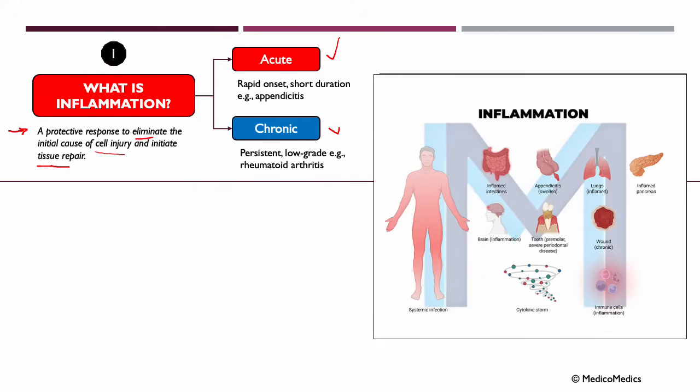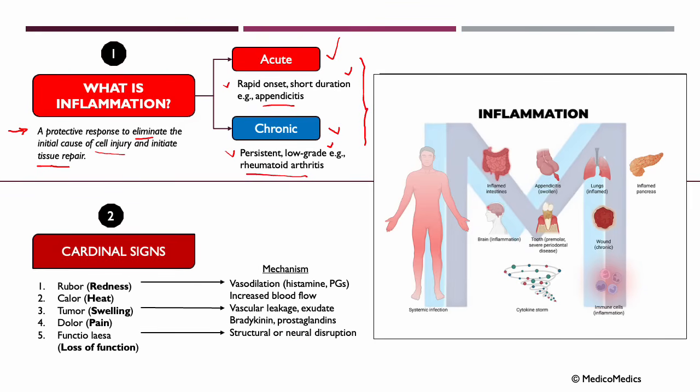Acute is typically characterized by a rapid onset and a short duration, seen, for example, in appendicitis. Chronic is more persistent, low-grade inflammation, seen, for example, in rheumatoid arthritis. Recognizing whether inflammation is acute or chronic helps us guide both diagnosis and treatment.